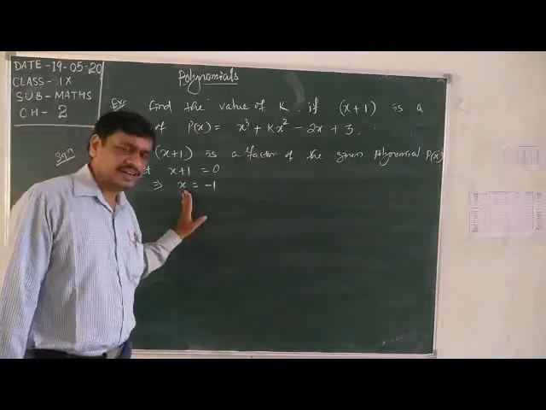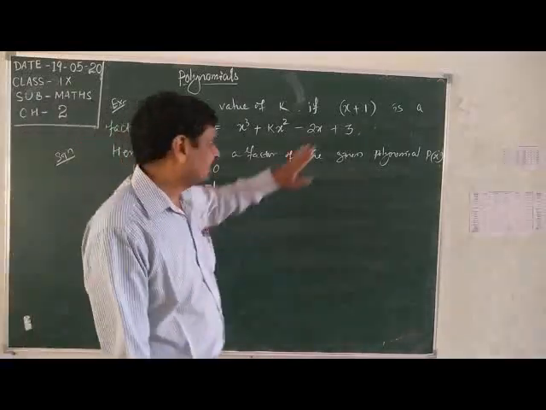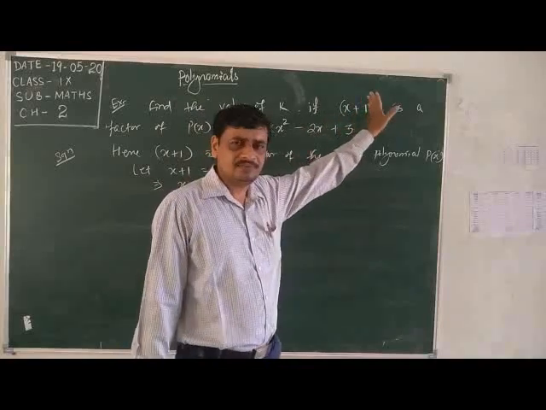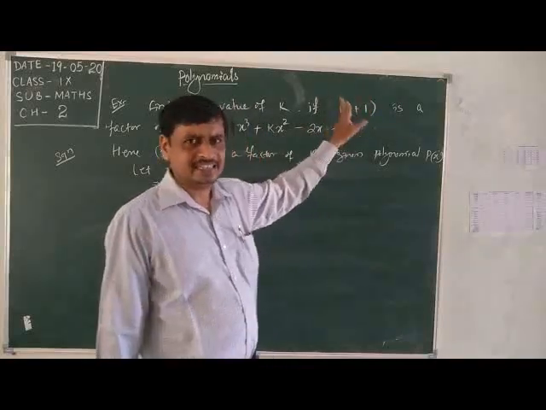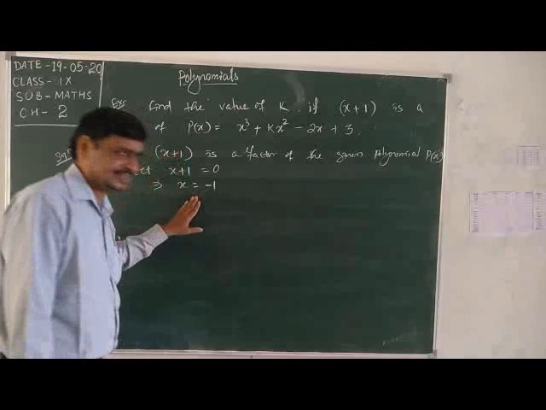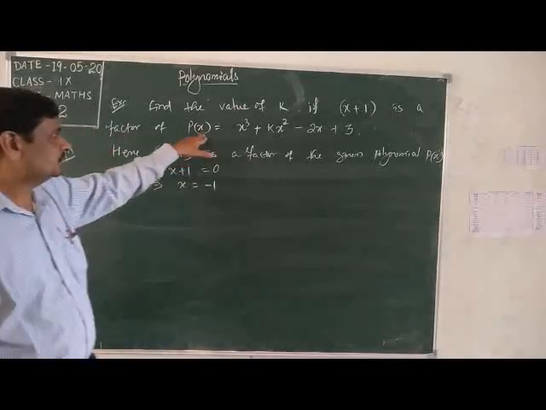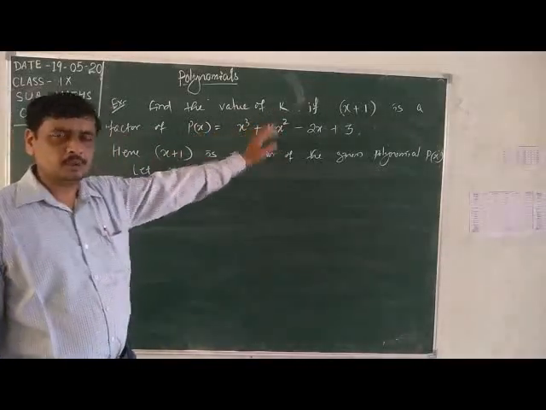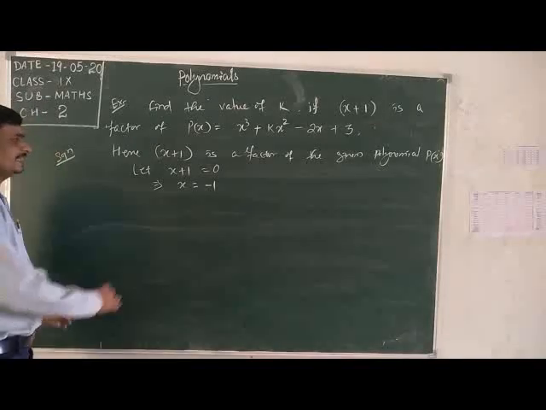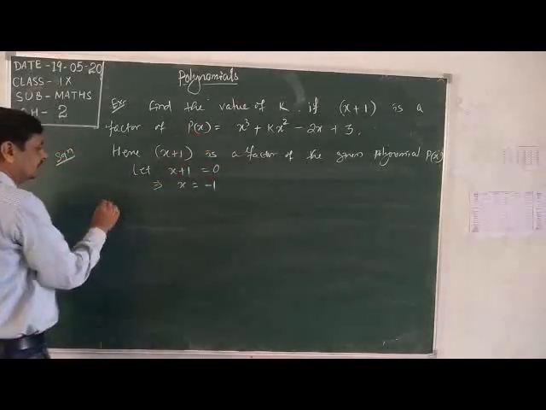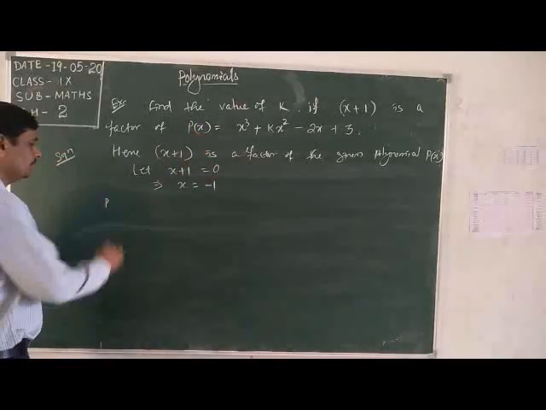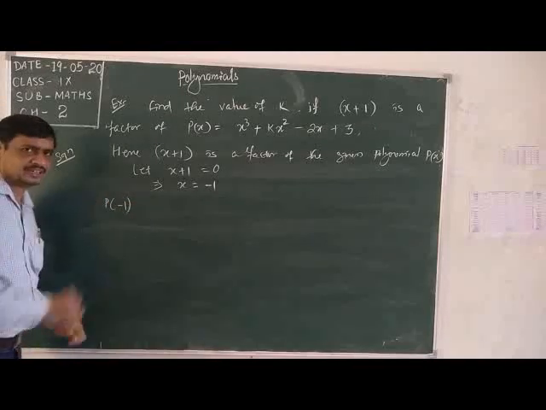First we have to find the value of x in the divisor, and that value of x should be put in the polynomial. Since x is equal to minus 1, after putting it in place of x, we will get p of minus 1.